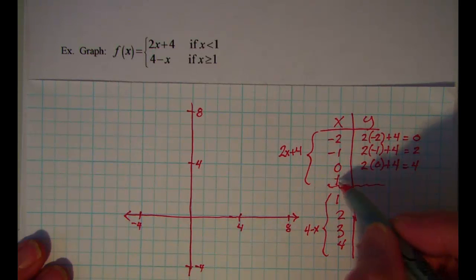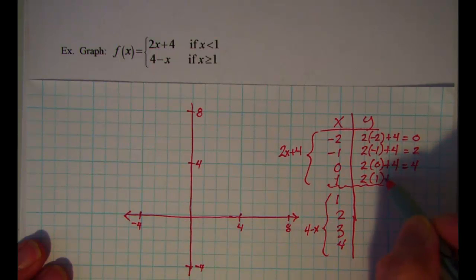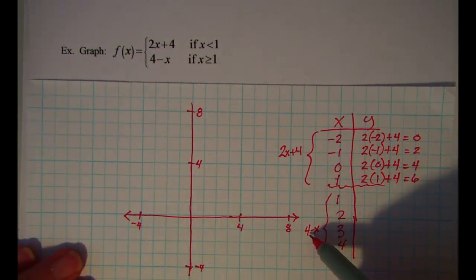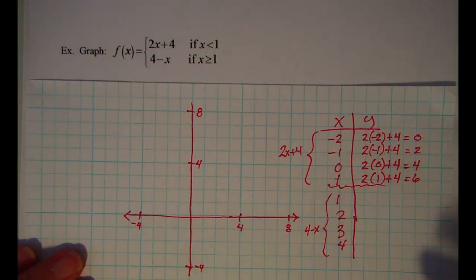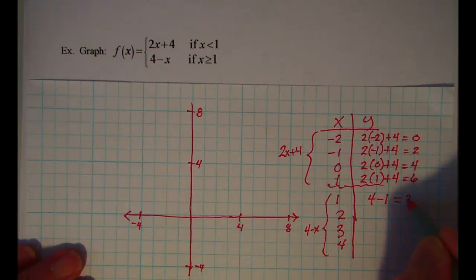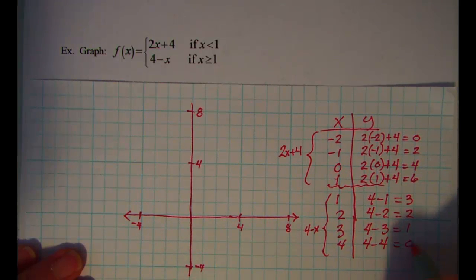And for x equal 1, I have 2 times 1 plus 4 equals 6. For these numbers, I'm going to use the bottom rule, which is 4 minus x. So I have 4 subtract 1, which is 3. 4 subtract 2, which is 2. 4 subtract 3, which is 1. And 4 subtract 4, which is 0.